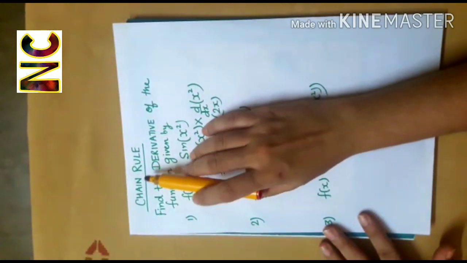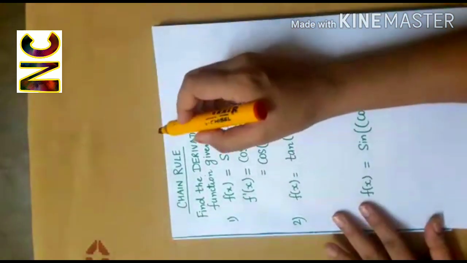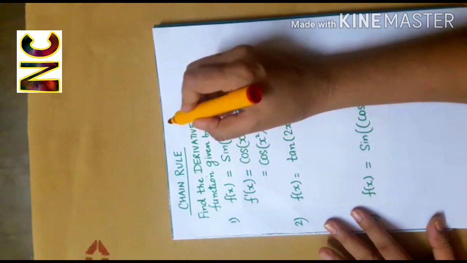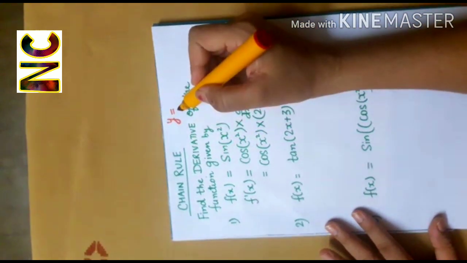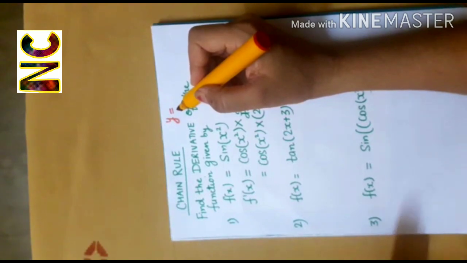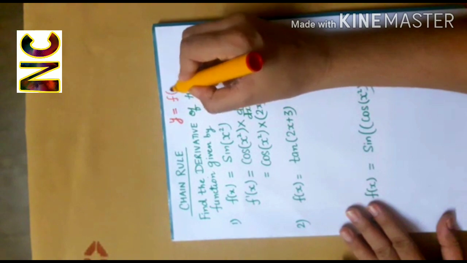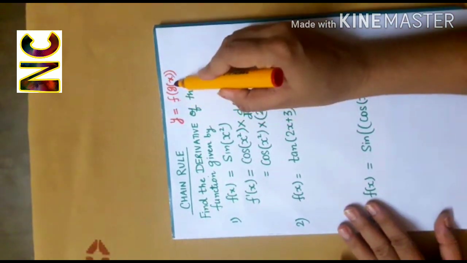Now we will study chain rule of derivatives. Chain rule is used when we have to find out the derivative of a function which is the composition of two or more functions. That means suppose I have to find out the derivative of this function f of g x.